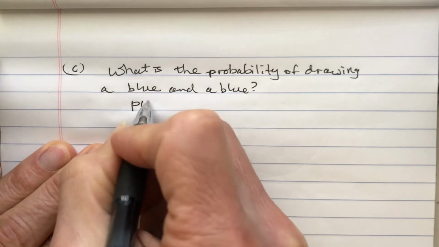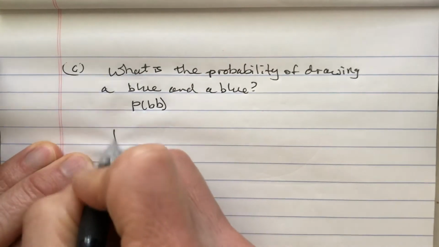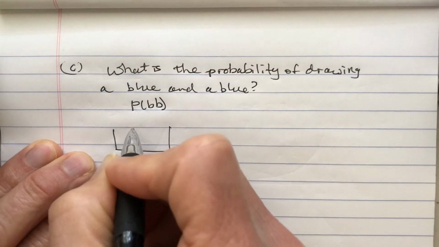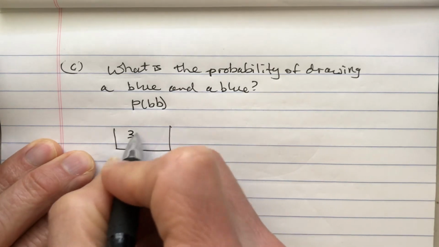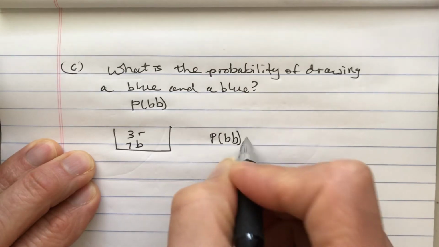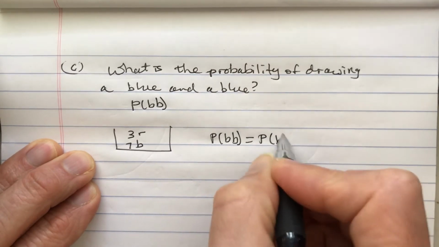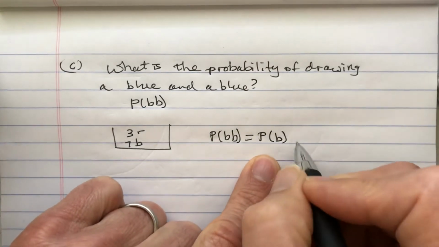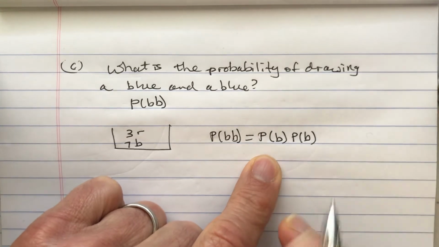So the probability of blue, blue. Well, you have the same box, which was 3 reds, 7 blues. And so the probability of blue, blue is the probability that you get a blue on the first one, and then the probability of blue, you get a second one.